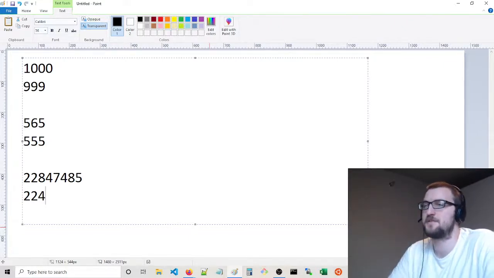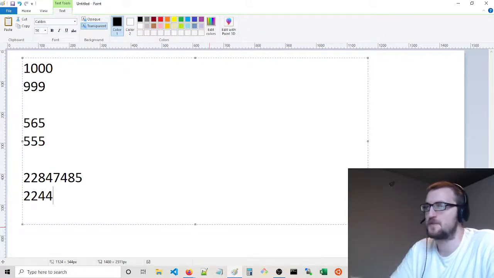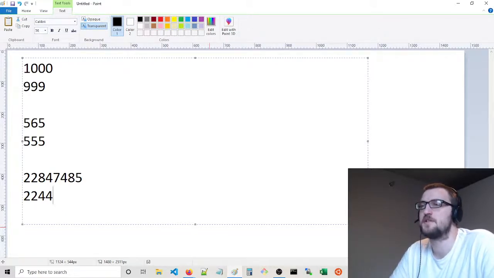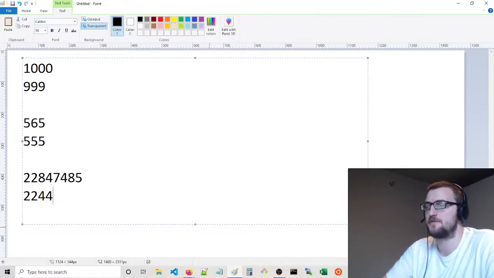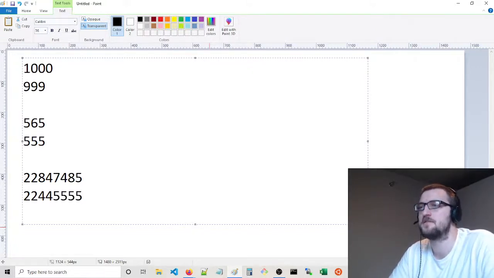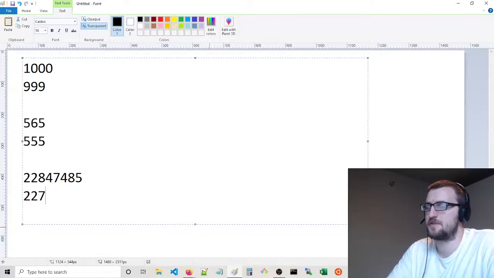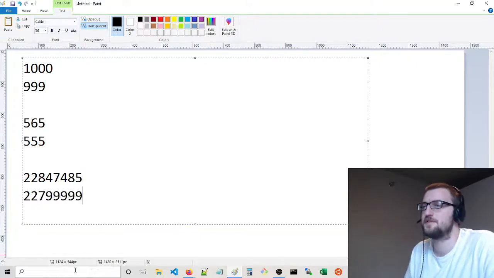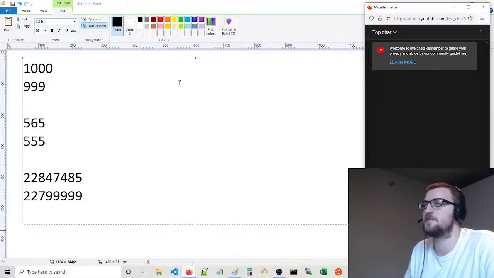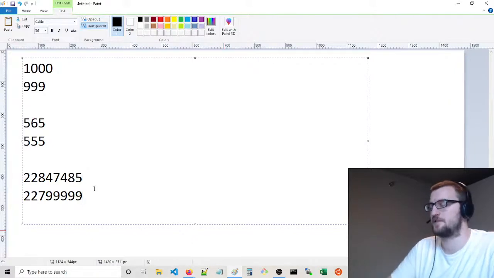I think the best you could do is 4, because 4 is the smallest of all of these, and then 4 again. 4 still works. Can you go up to 7? Well, no, that's not true. You could do 2279999. That works. Let's try to figure this one out.